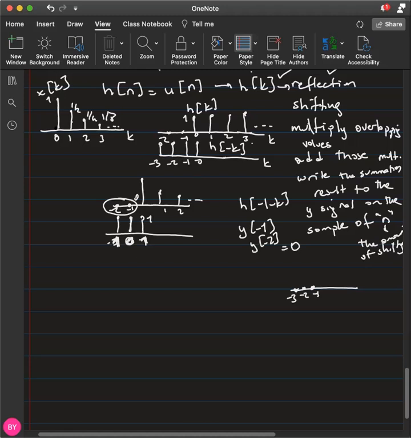So can I do this for all possible n's? There are infinite number of n's, right? This is an infinitely long signal. I cannot do it one by one, shift 1, see the multiplication. I will do a couple of examples and then I will show you how we should proceed.